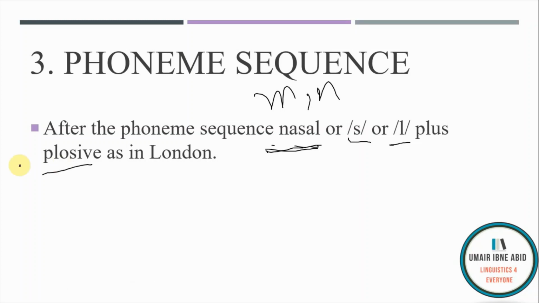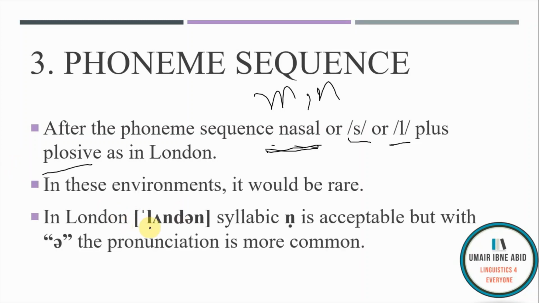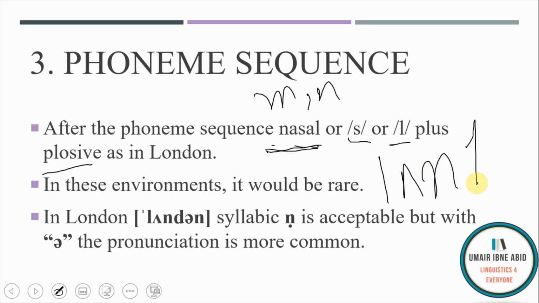If we transcribe London, it would be transcribed like this: l, uh, n, d, uh, n. You can see here that there is a nasal, and after the nasal we must have a plosive.